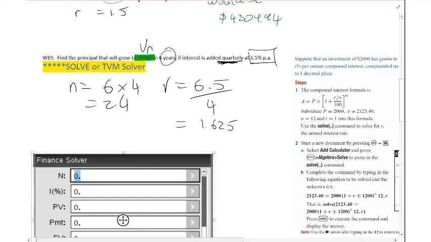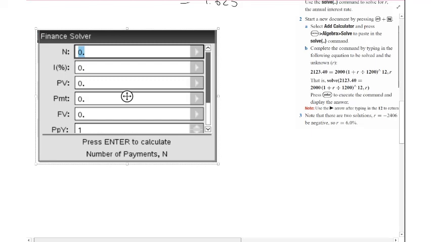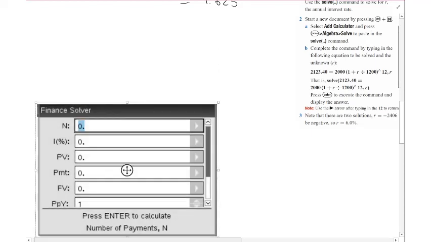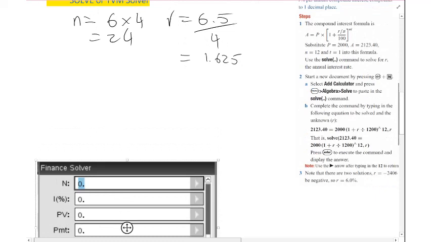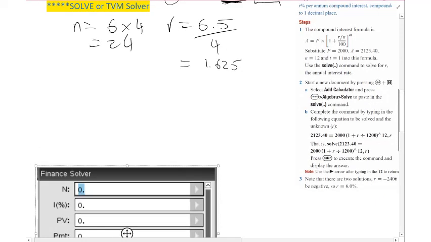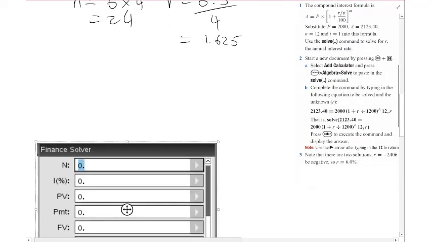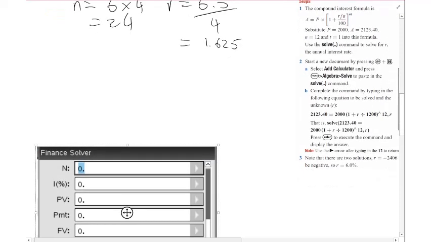Now, there's two ways we can do this. We can use it like I showed before with Solver, and I'll bring that up again. I'm just going to move this down so I can get some space. Let's put the numbers in for Solver here. N is 24. My interest is 6.5. My principal value, that's what we're after, we just keep that as 0.